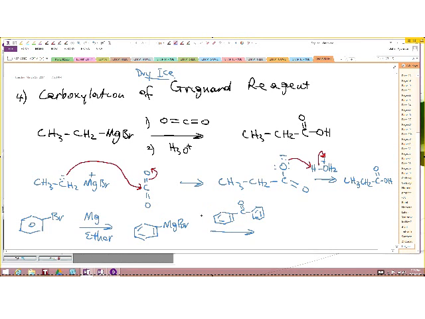I think this is the ketone you guys are going to use, but don't quote me on that. Then step 2, you have to make sure that this Grignard reacts completely with this ketone before you add your dilute acid, because if you don't do that, the Grignard will react with the dilute acid and there will be no further reaction. So therefore you form this.